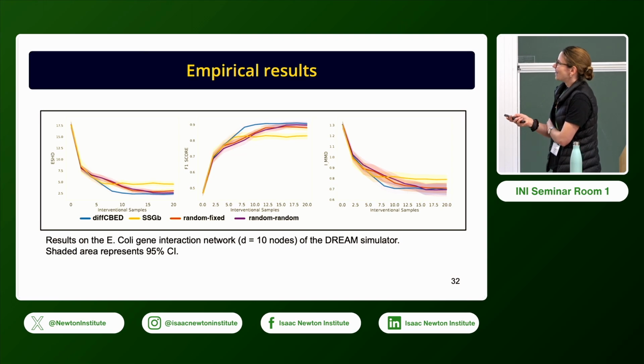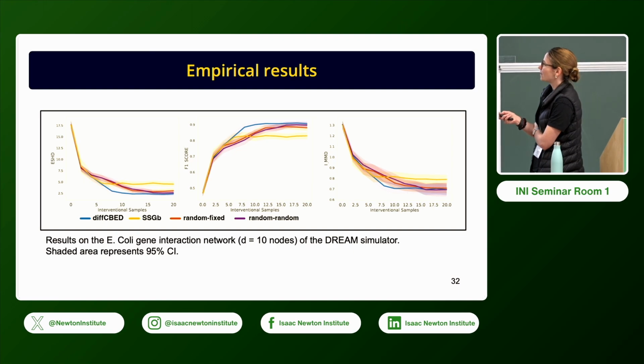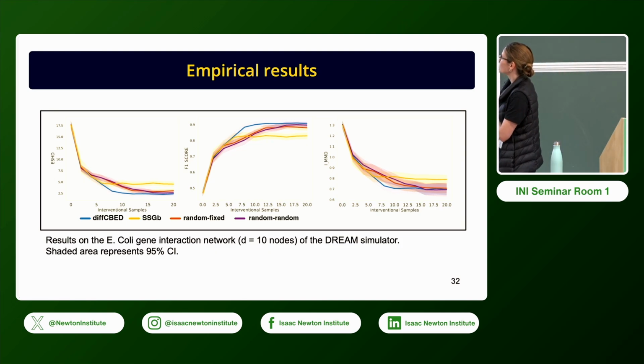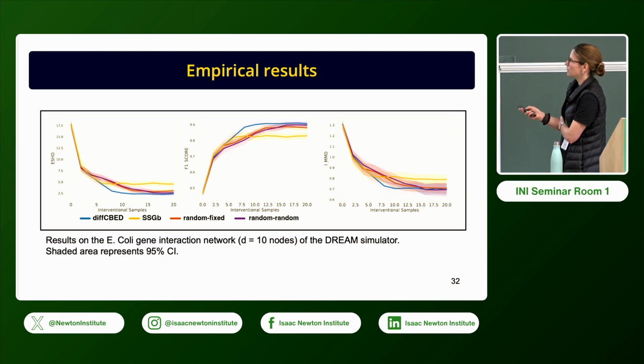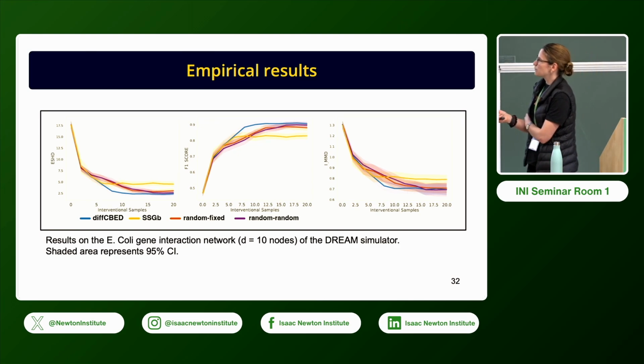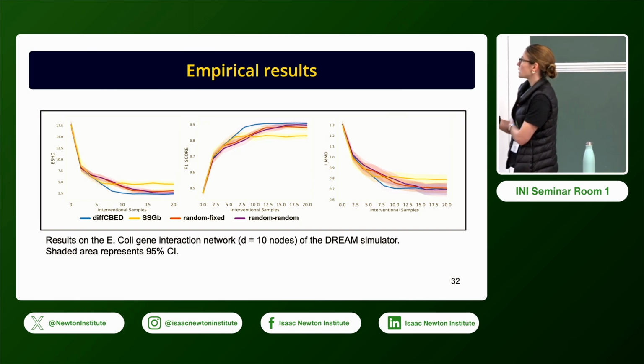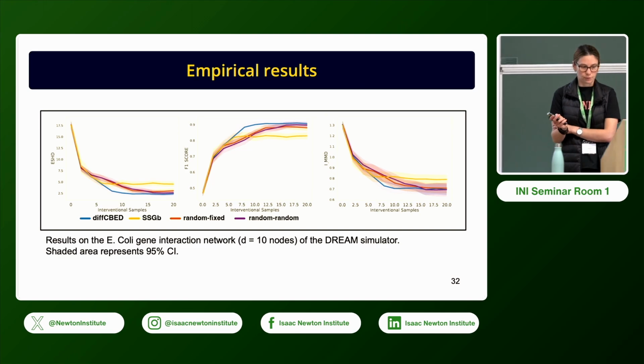We can see that this approach performs a bit better than baselines, especially once you get enough interventions. And once you allow for many interventions, actually some of these random procedures work as well as this BED approach. These are just different metrics: expected structural Hamming distance, F1 score, and maximum mean discrepancy.